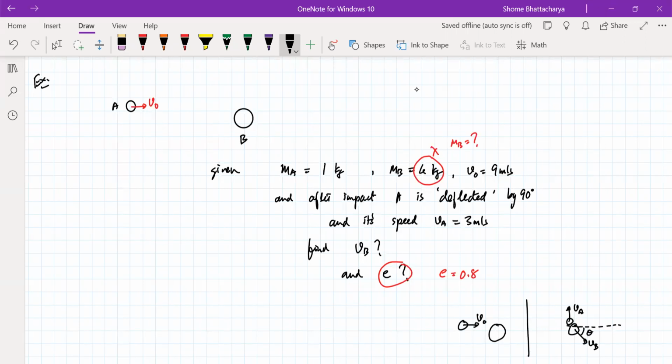So A's velocity initially was given to us as 9. And after impact, it is perpendicular, and it is how much? It is 3.